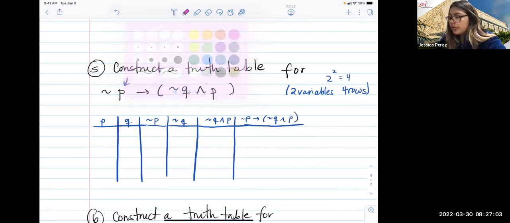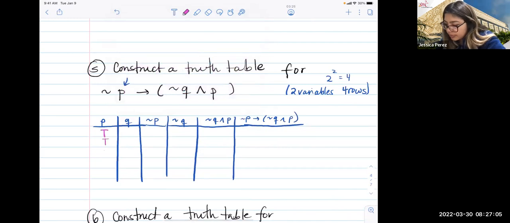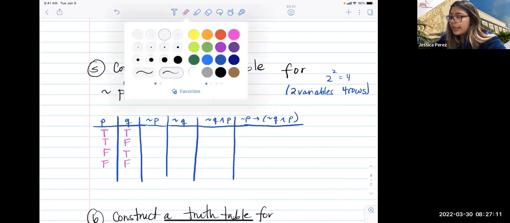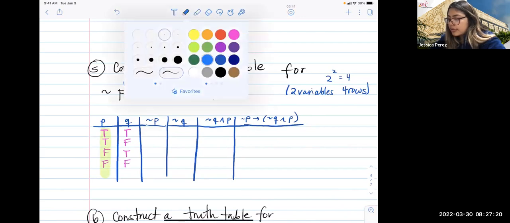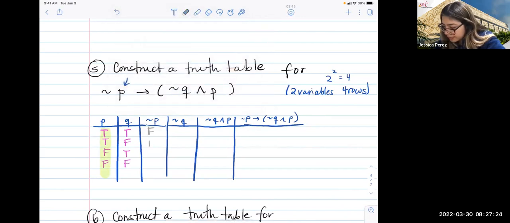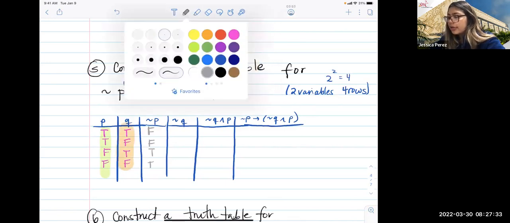So you always start with true, true, false, false, true, false, true, false. Now, you're negating P, so you're going to take all of these statements and you're going to negate it. So then not true would be false, false, true, true. You're negating Q, now you're going to be looking at this column and you're going to be negating that column.